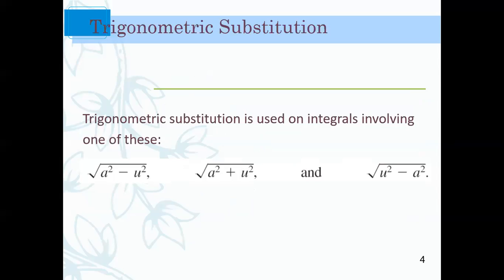And the way that we do that is we turn these sums and differences into a perfect square. And how do we do it? Well, we substitute in for the variable some kind of trig function. And then the Pythagorean identities allow us to turn that sum or difference into a perfect square. We replace it with a perfect square and the radical goes away, yes?